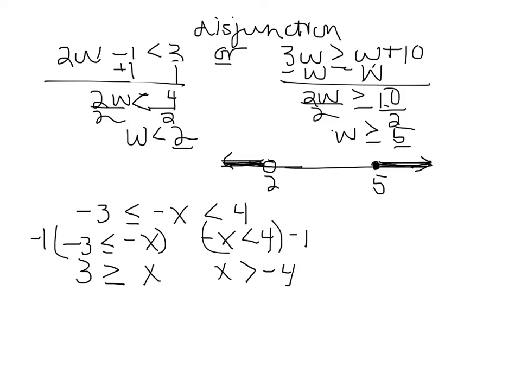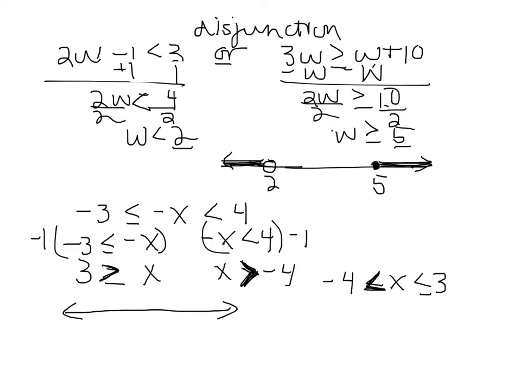Now, if I want to write these in the order in which they appear on the number line, I'm going to say negative 4 is less than x, which is less than or equal to 3. Get used to this. Notice my small side is pointing to the negative 4, so when I flip it, the small part has to still point to the negative 4.